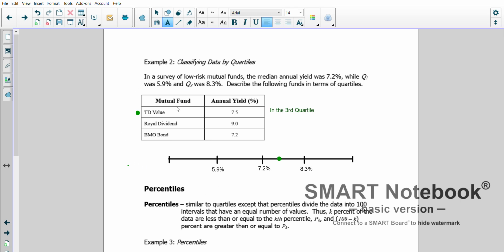Okay, Royal, go red. And they are at 9, so they're way up here. So we would consider them fourth quartile.